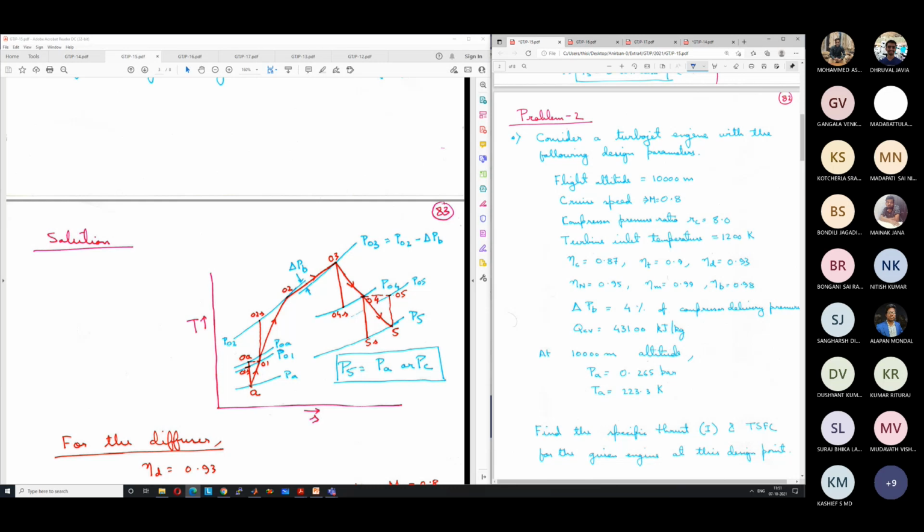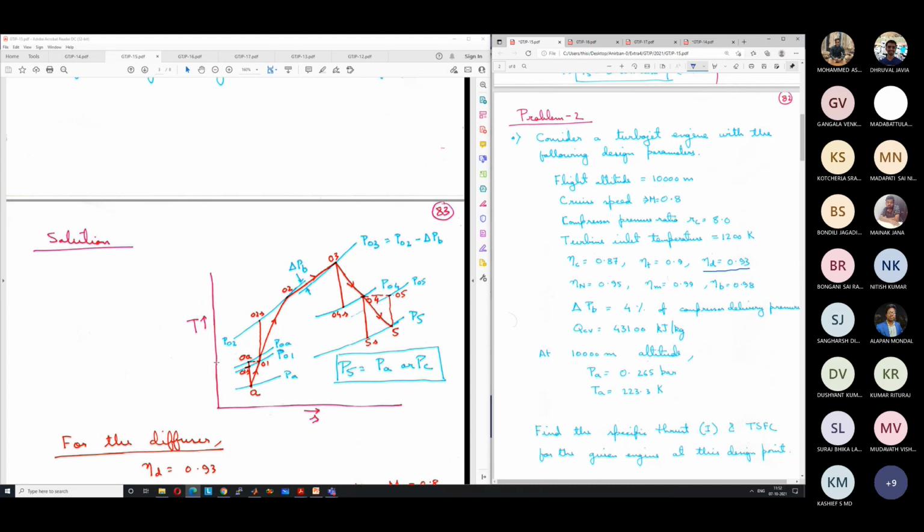Then in the diffuser, what happens, if you remember correctly? There will be an increase in pressure and temperature. And because it is not an isentropic diffuser, the isentropic efficiency is given as 0.93. So the entropy increases. So instead of reaching 0A, we will reach 01, which should be at the same stagnation temperature.